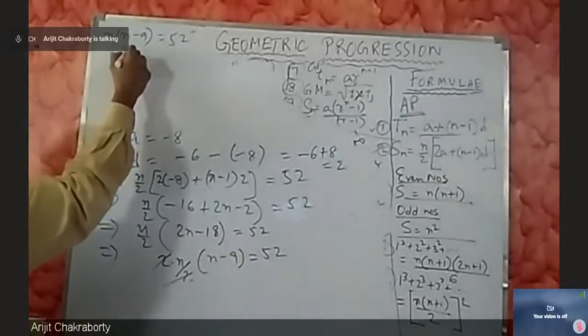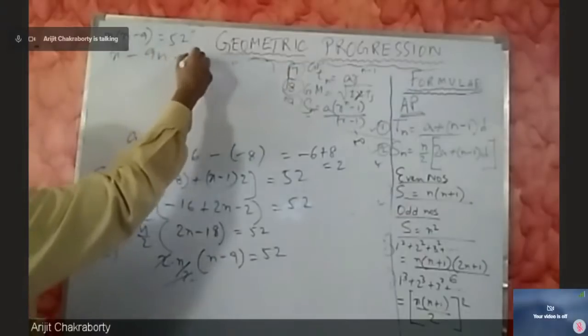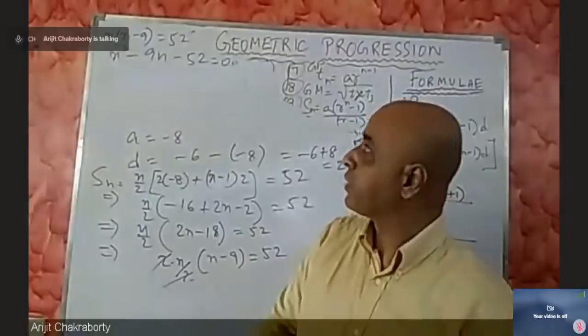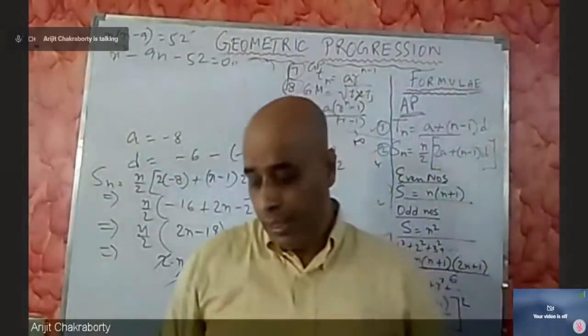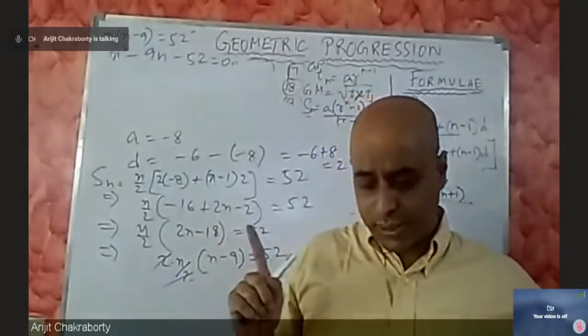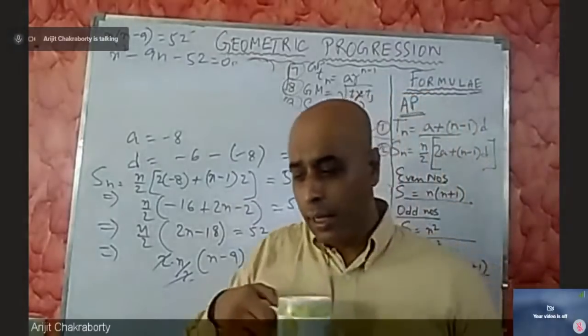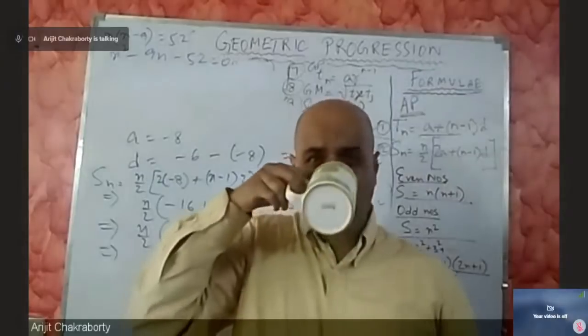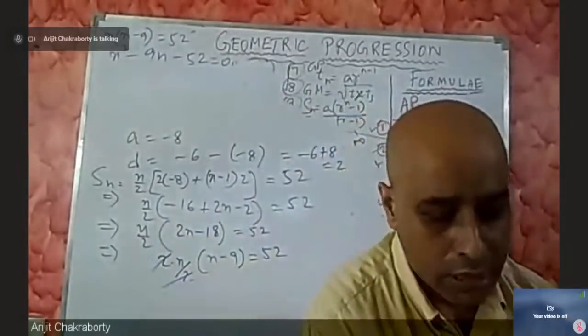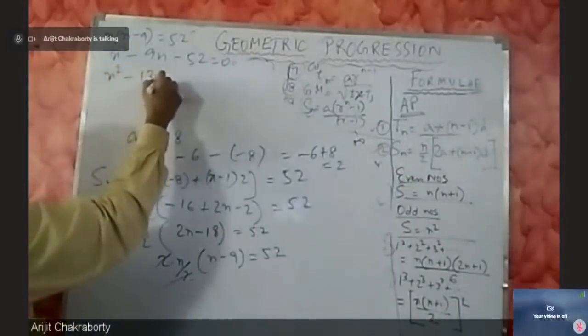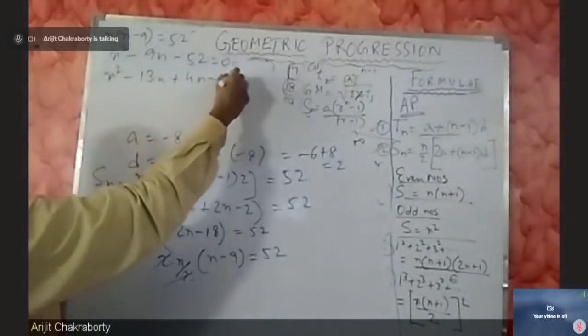That means n square minus 9n minus 52 is 0. If you solve for this, what will you get? Okay, n square minus 9n minus 52 equal to 0. So you are getting n square minus 13n plus 4n minus 52 equal to 0.